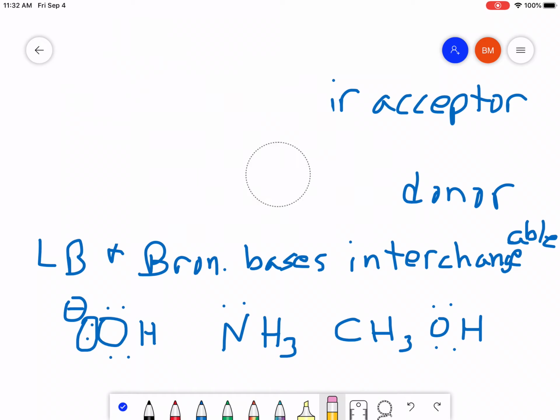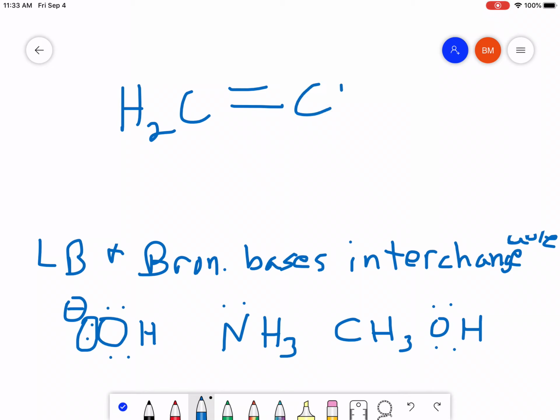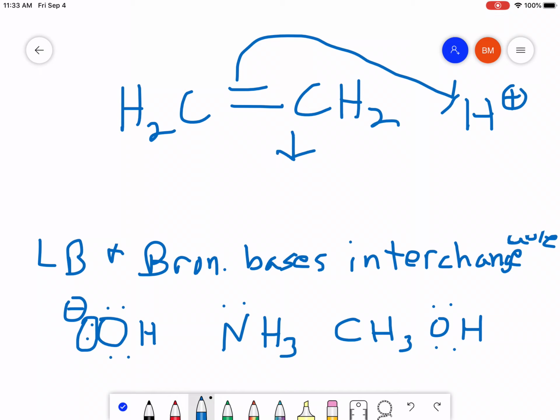The most common situations in which you see Lewis and Bronsted bases is when they have unshared pairs, but they don't have to be the only things that can act as Lewis or Bronsted bases. Something like this is a Bronsted base and Lewis base, because if you had an H+, that H+ could be donated to a pair of electrons that were not unshared but were pi electrons.